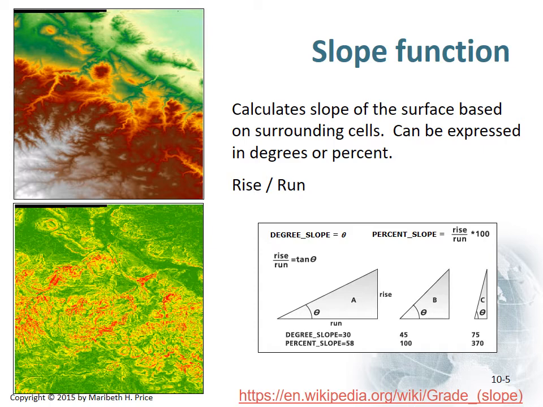So you can have values that may not seem like they make sense. So again, you need to look at the metadata. You need to look at the actual values for your slope data set if someone hands you one, to make sure you understand what the values are and that you're going to be able to use them properly in your analysis.